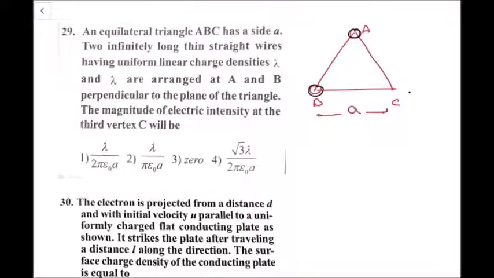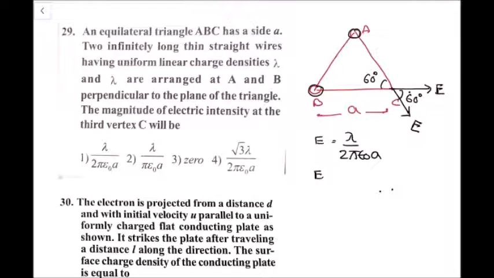Actually, due to the conductor at A, the electric field at C is away from the conductor, so the electric field direction due to the conductor at A will be like this, and due to B also it is like this. And we know that E is equal to lambda by 2 pi epsilon naught a. Here these two electric fields act simultaneously at point C, making an angle of 60 degrees with each other.